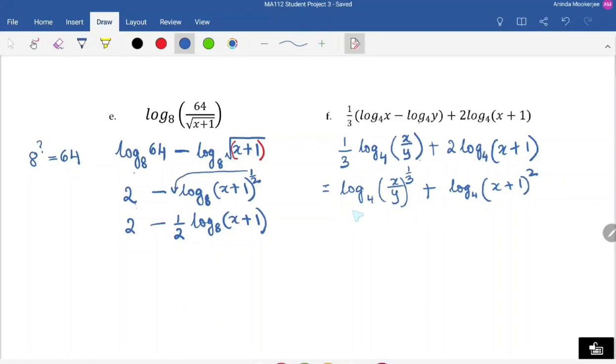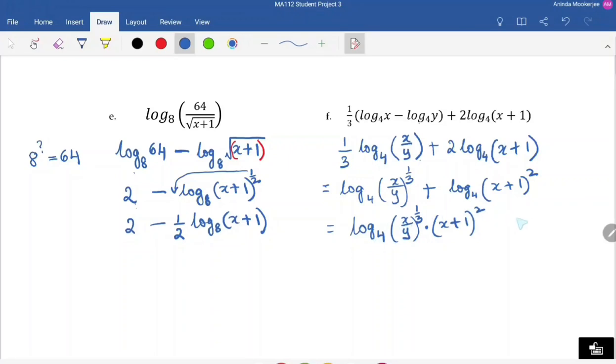Take another look now. We have again two terms. Both the terms are logarithmic terms and they have the same base. So we can apply the product rule once again for x divided by y to the 1/3 and x plus 1 whole squared and write it in product form. So it's going to be log base 4 of x over y to the 1/3 multiplied by x plus 1 whole squared.